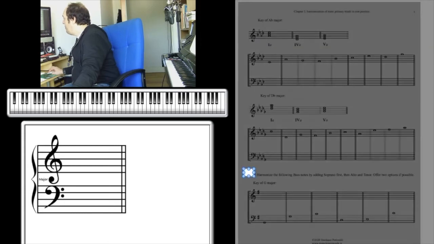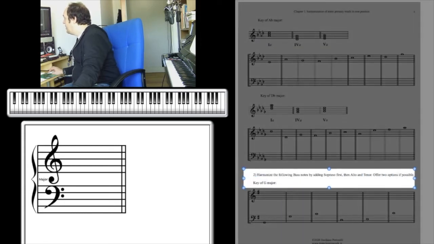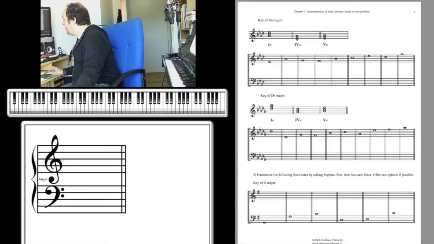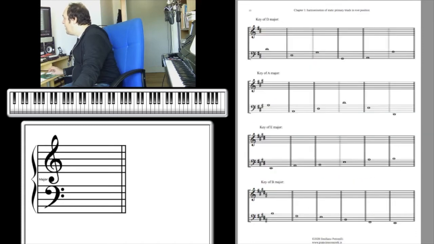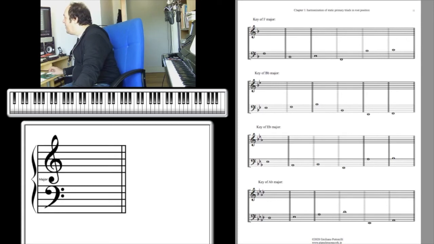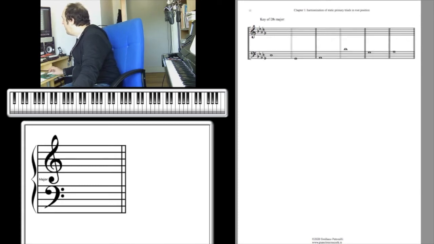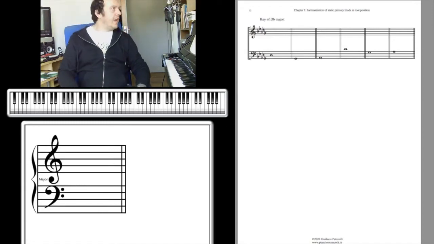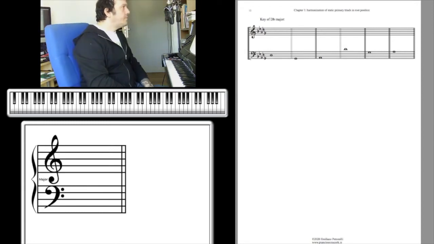Harmonize the following bass notes, adding the soprano first and then alto and tenor. And as you can see, I do that in a few different keys. But this time I stop reminding you of the primary triads, because I hope that you have them memorized. Okay?